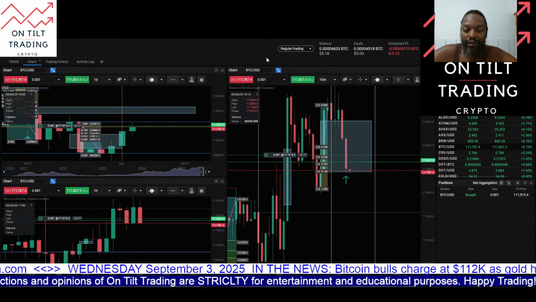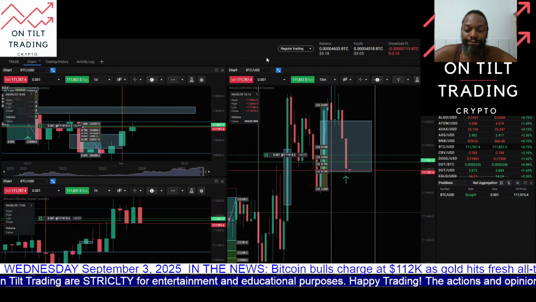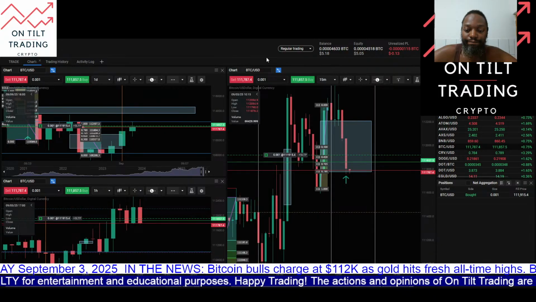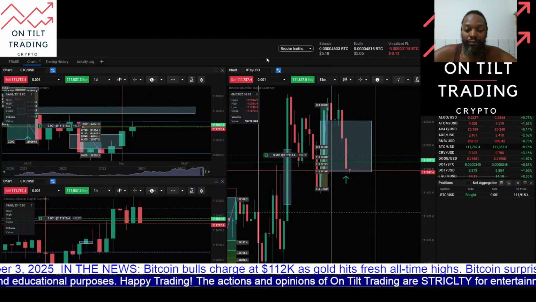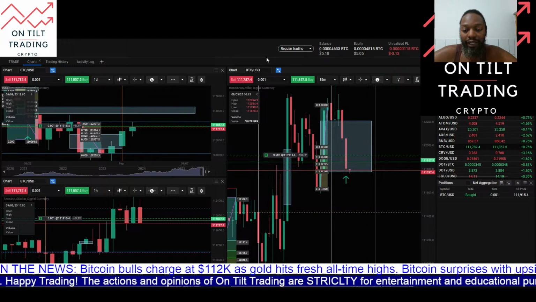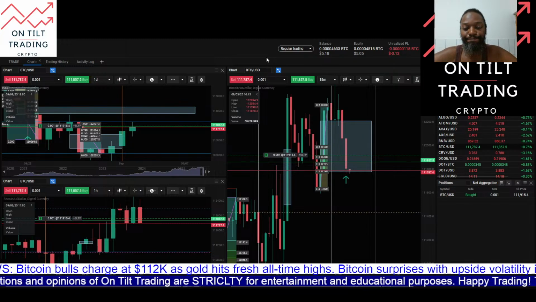Price consolidating in this area. In the lower half of the optimal trade entry.